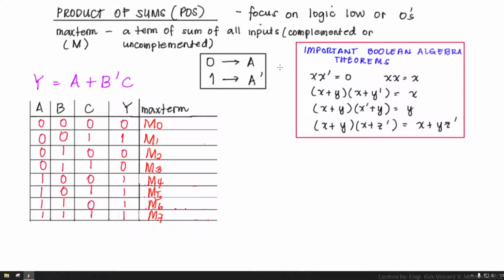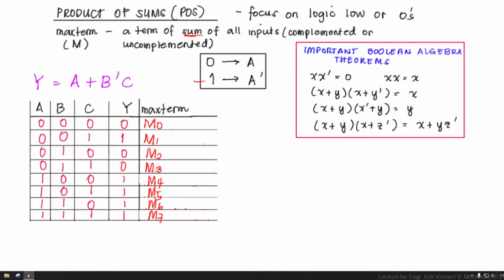Labels only. But the content should have the inputs A, B, C. So we said, when the variable is 0, it is not complemented in our representation. When the variable is 1, it is complemented in our representation. But take note, that is a sum now. Our min terms were ABC, meaning products. This time, expect that we have A plus B plus C and so on, complemented or uncomplemented.